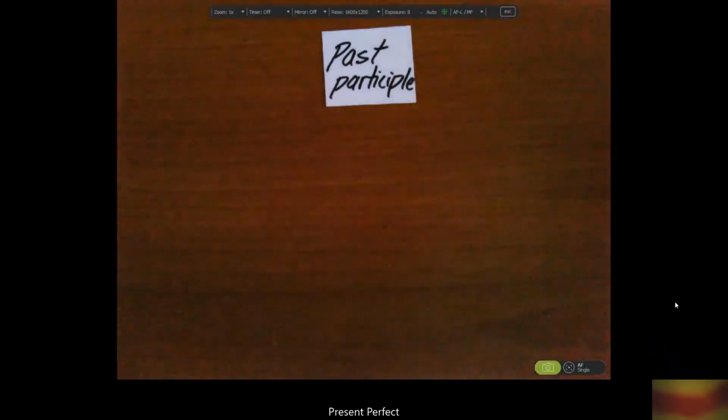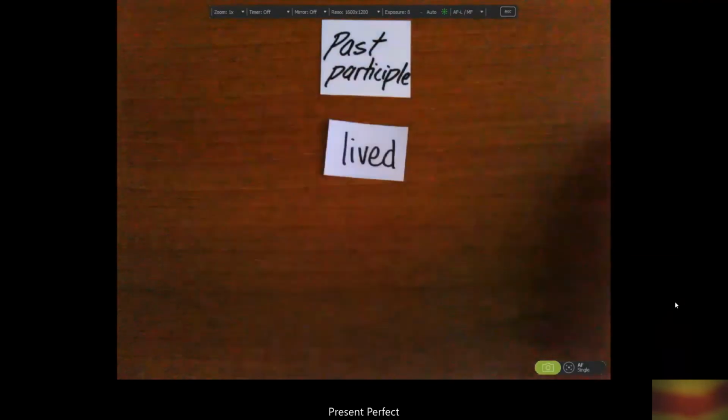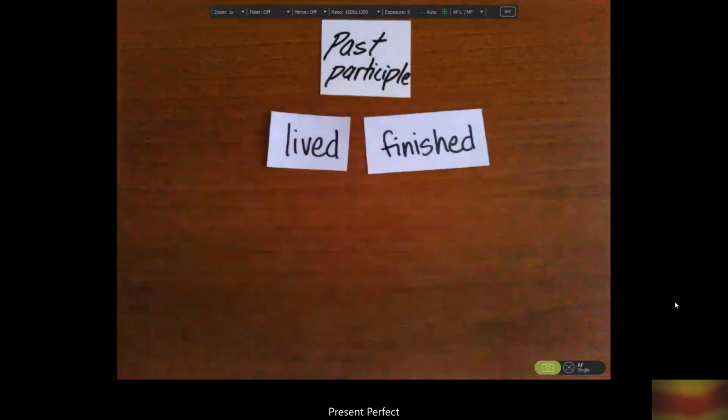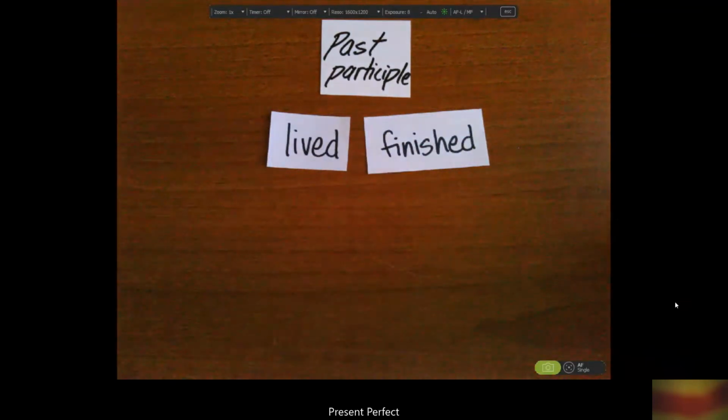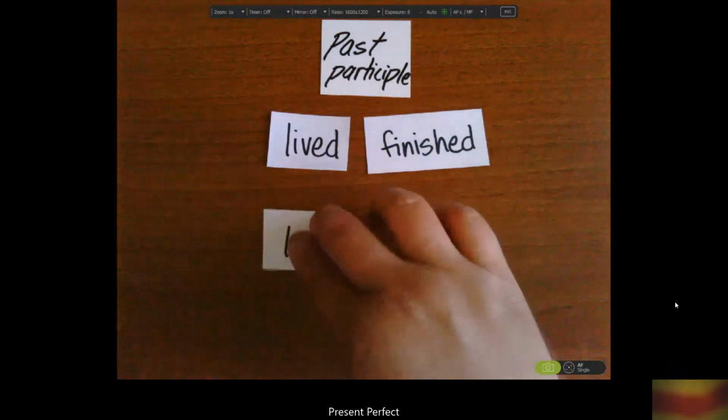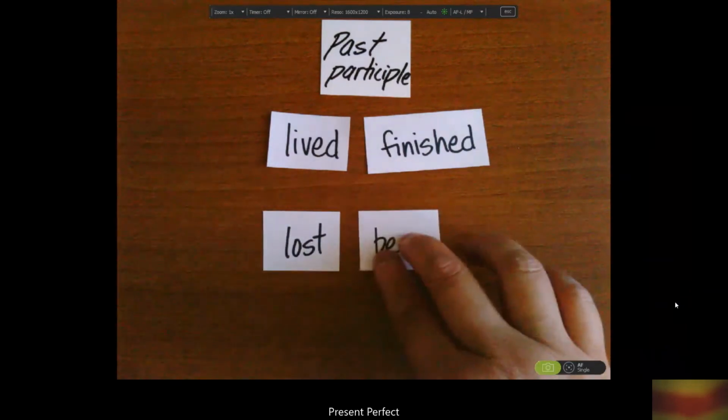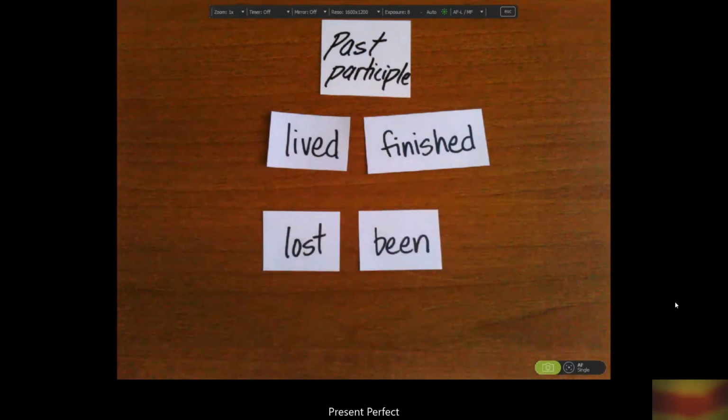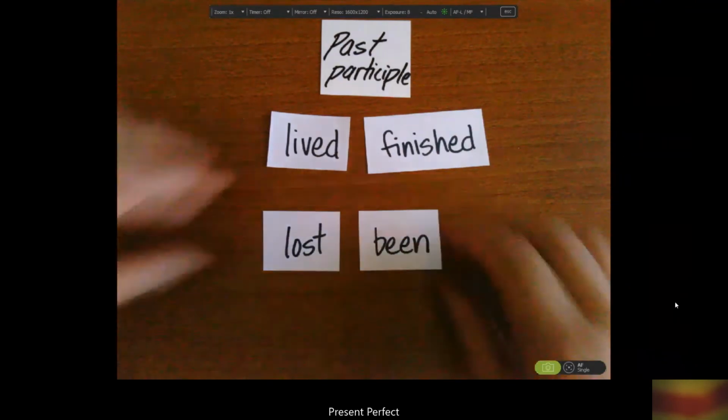If the verb normally ends with ed, then the past participle will also be ed at the end. But if the verb is an irregular verb in the past, then the past participle will also be irregular and does not have ed.